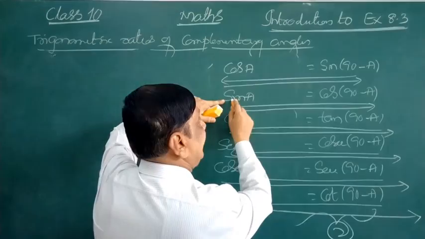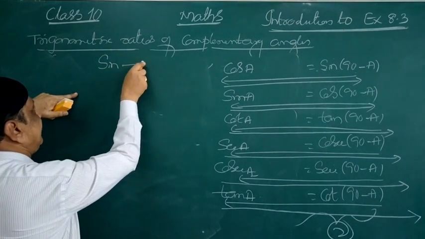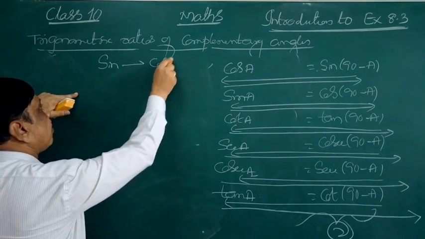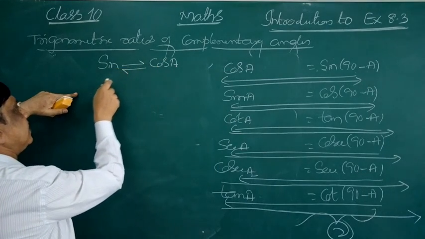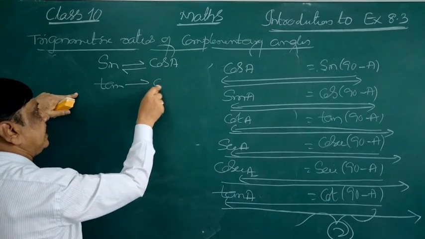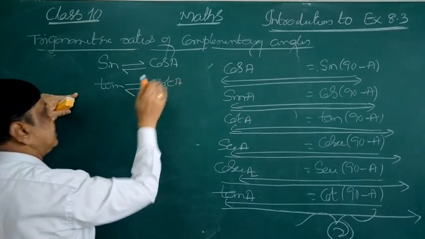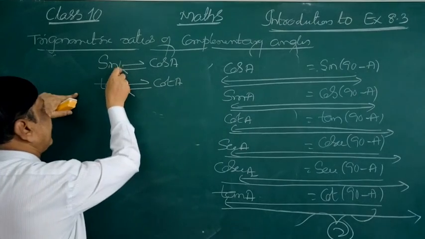So here sin changes to cos, cos changes to sin. Next, tan function changes to cot, and cot changes to tan.